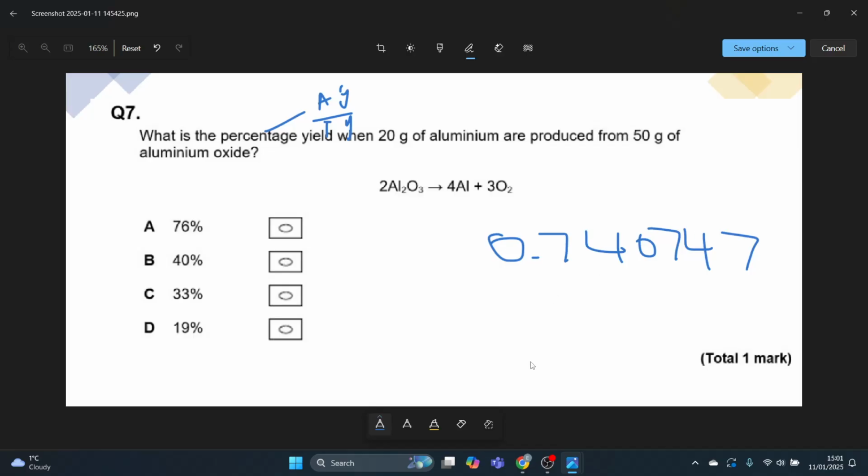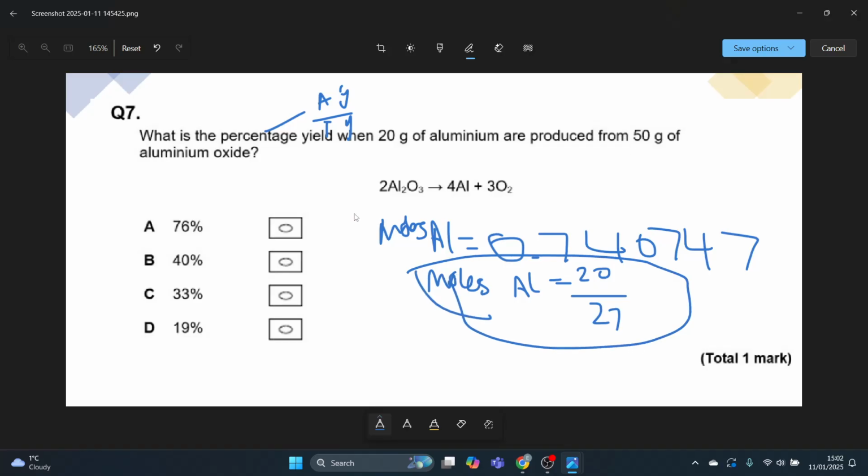I need to think of a logical step approach. Moles of aluminium, 20 divided by 27. Moles of aluminium equals 20 divided by 27, produced from 50 grams of aluminium oxide.